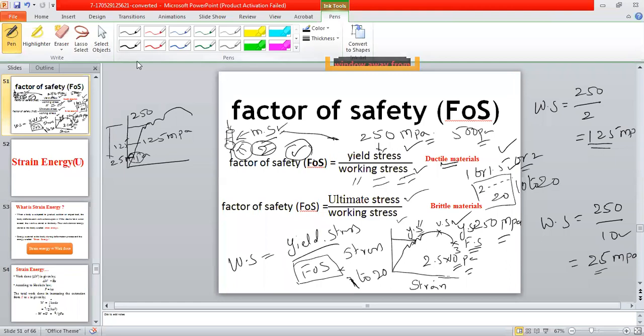Therefore, as an engineer we need to consider the factor of safety for each and every material for designing any component, according to the component safety.